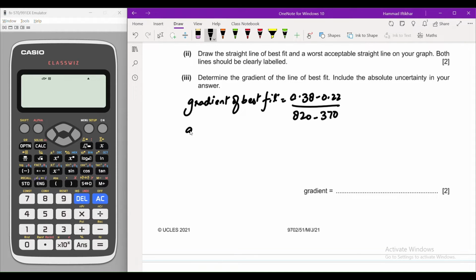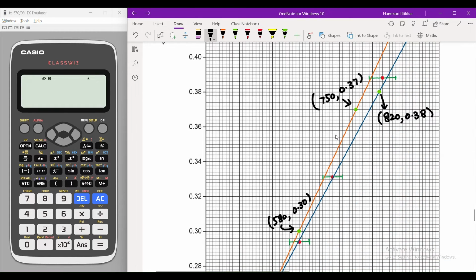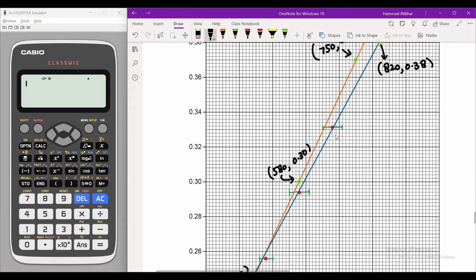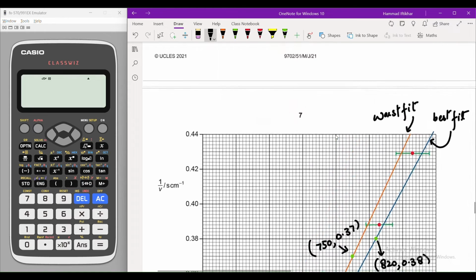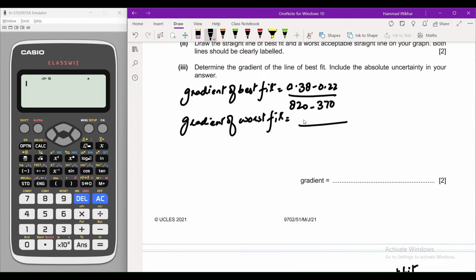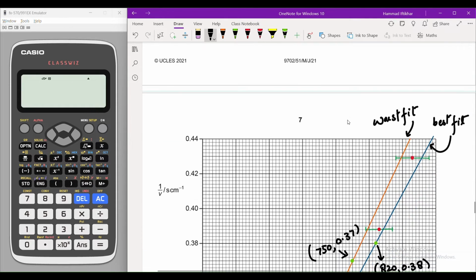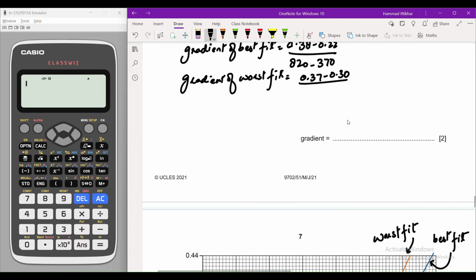Okay, now the gradient of worst fit: 0.37 to 0.30 and 750 to 580.